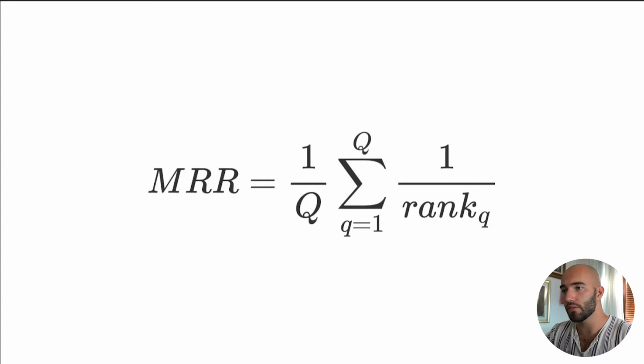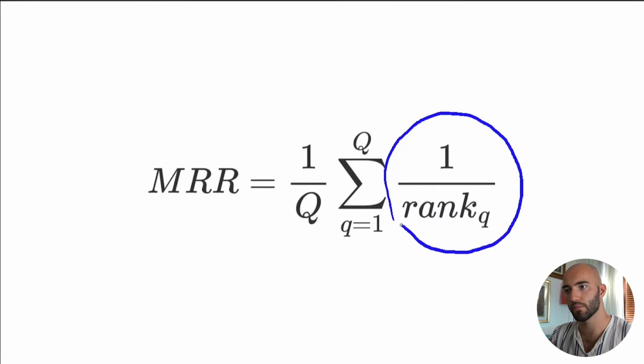MRR has a few advantages over recall. First, it considers the order of our returned results, as you will see in a moment. And it also considers multiple queries, so we're not just relying on a single query in the case of MRR. So if we take a look at the formula here, there are a few things to consider. First, we have the reciprocal rank, which is what you can see over here.